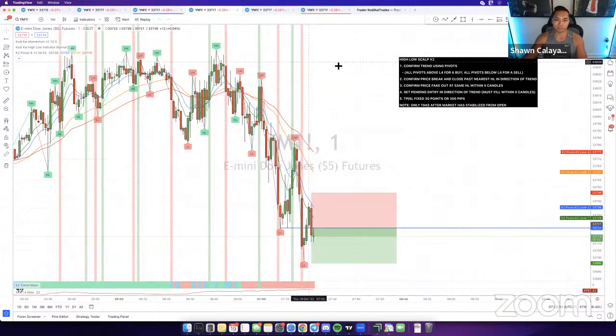Let's see, movement here is not the best, of course. Let's see, drops down lower. I know my stop loss and profit, guys.